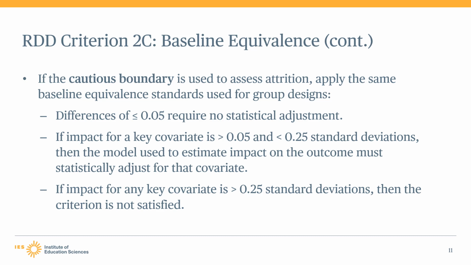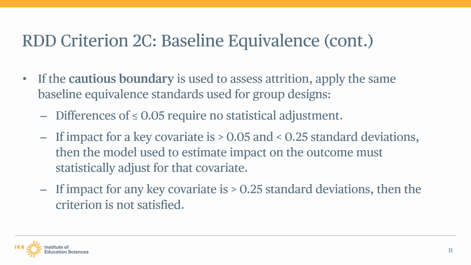For dichotomous outcomes in RDDs, authors must provide the predicted mean covariate value at the cutoff, estimated using data from below the cutoff, and the predicted probability at the cutoff, estimated using data from above the cutoff.